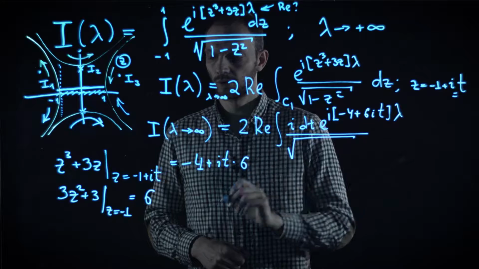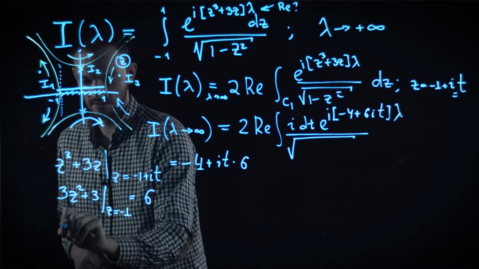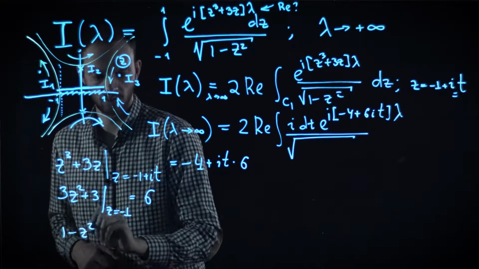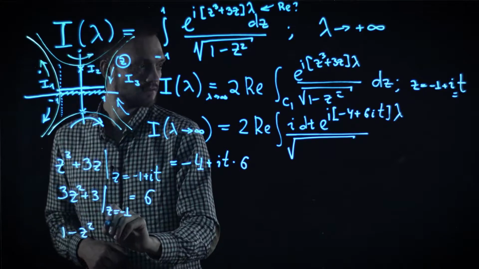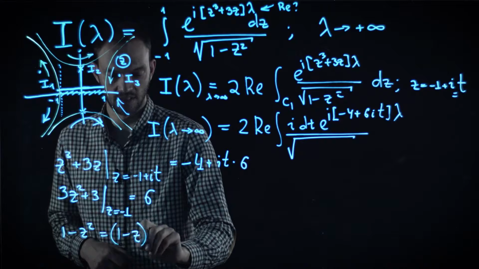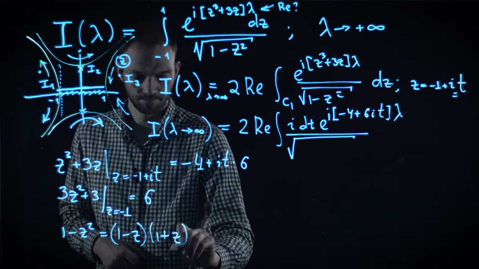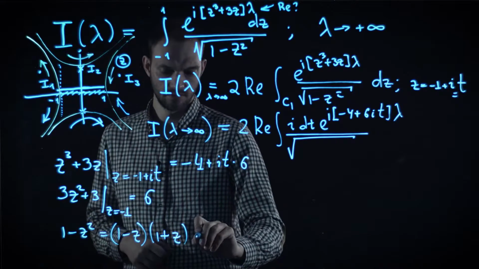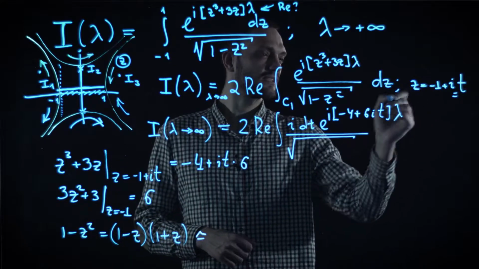And now the square root in the denominator. This is 1 minus z squared. So this is just 1 minus z times 1 plus z. And this becomes, so 1 plus z is just it.